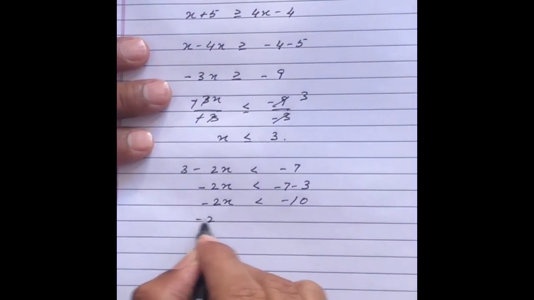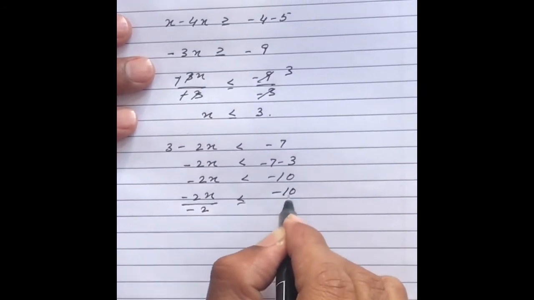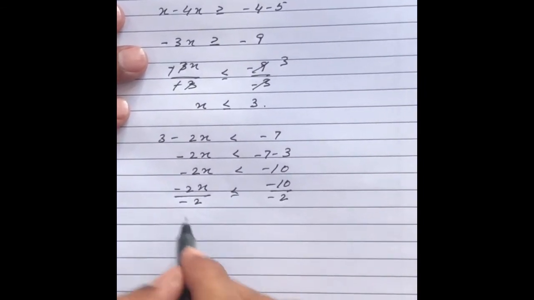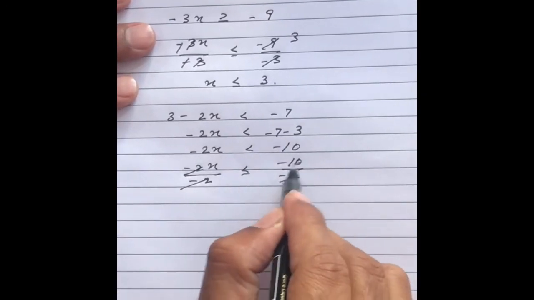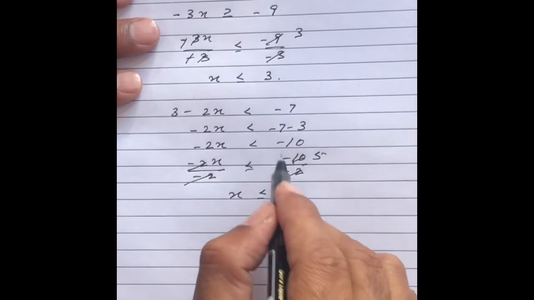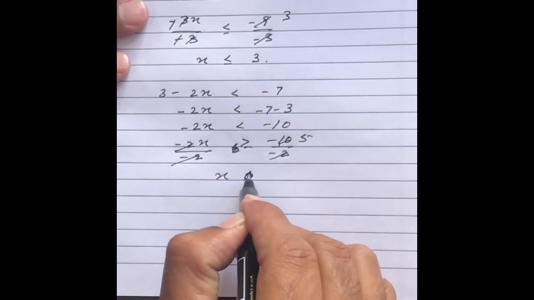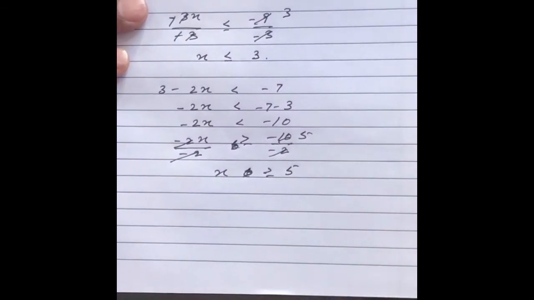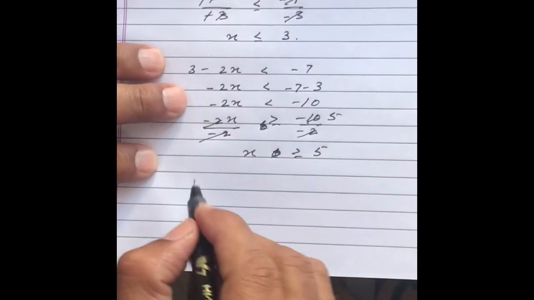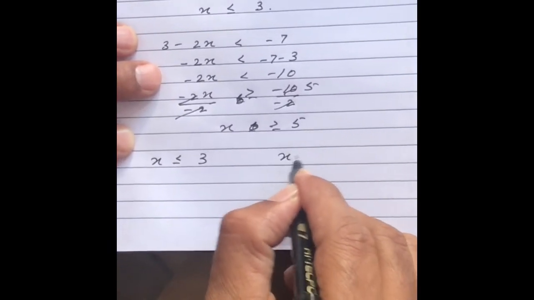I divide with minus 2, minus 10 upon minus 2, they cancel out, 2 fives are 10. When I divide by minus 2, I have to put the sign as greater than. So x is greater than or equal to 5. So x is less than or equal to 3, and x is greater than or equal to 5.